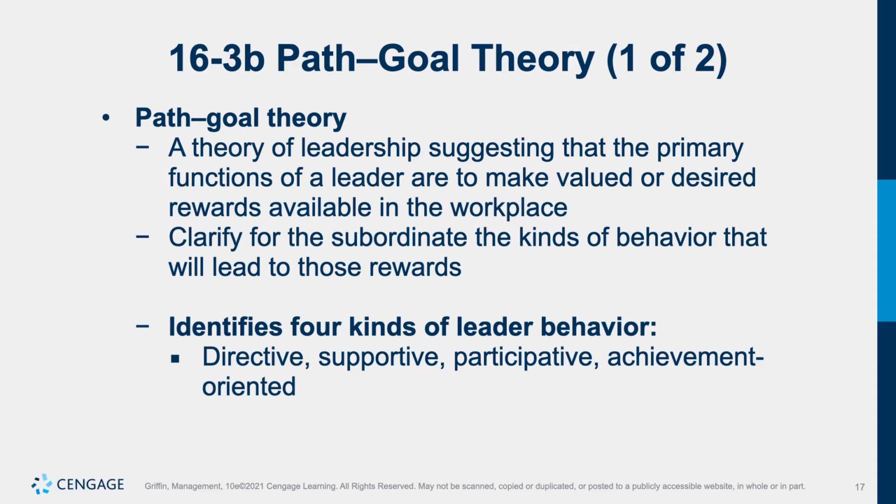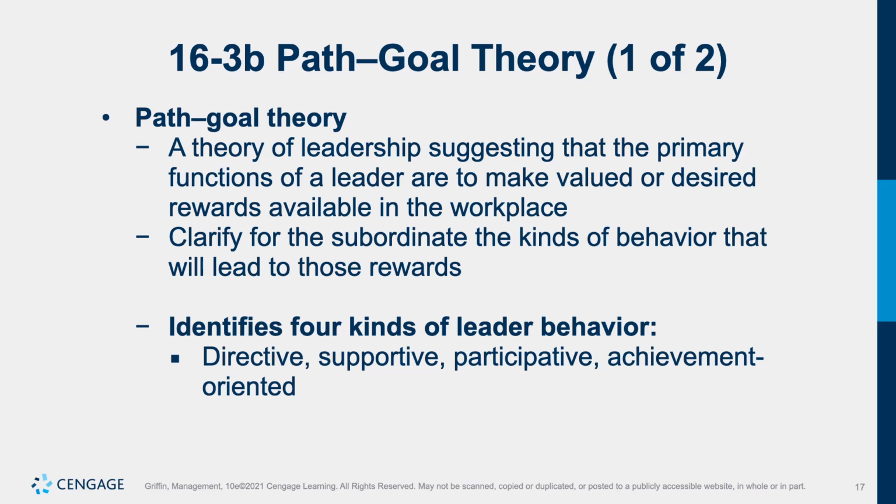Path goal theory. The path goal theory of leadership is such that it clarifies for the subordinates the kind of behavior that will lead to goal accomplishment and valued rewards.